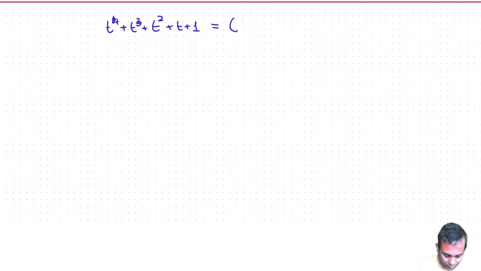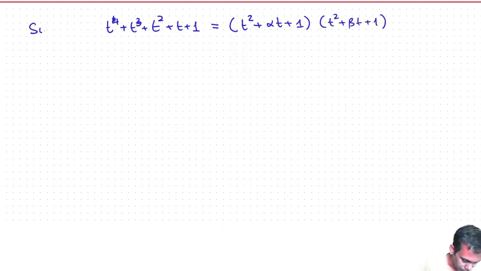We would have two quadratic factors, and let's just try this with t squared plus alpha t plus 1 and t squared plus beta t plus 1. Let's try to find a factorization like this.